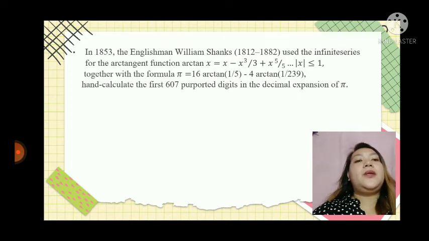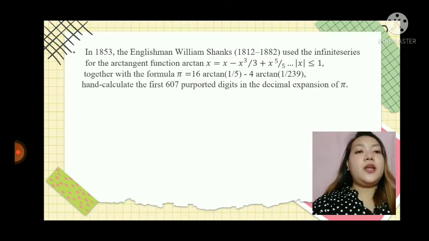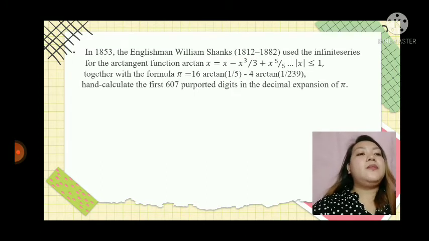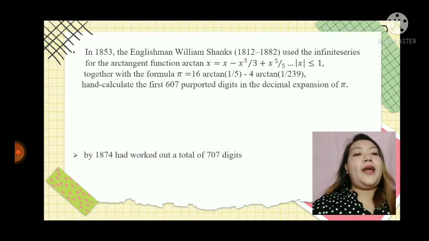By hand he calculated the first 607 purported digits in the decimal expansion of pi.